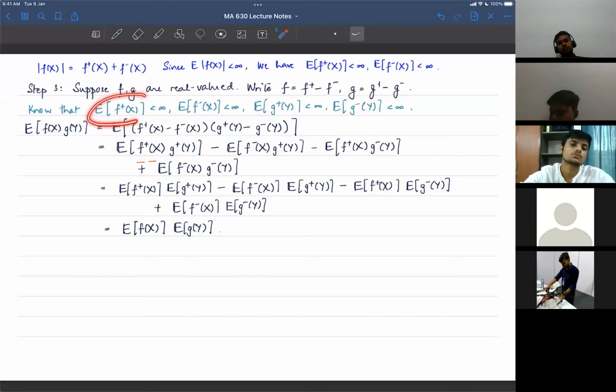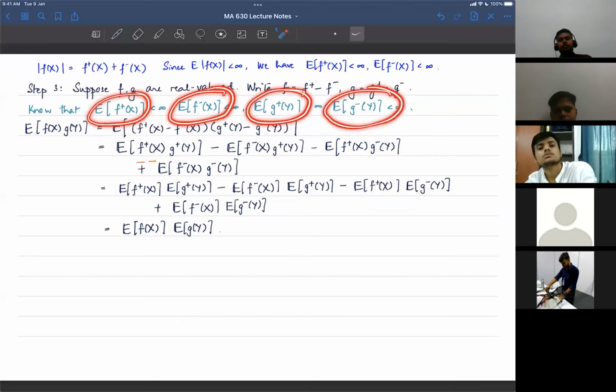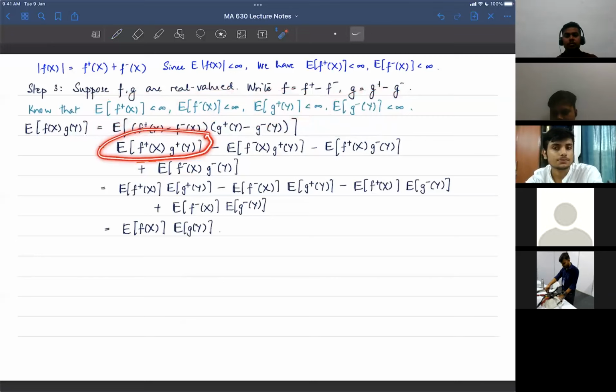Because I know that this is finite, this is finite, this is finite, and this is finite. Further, I know that this expectation, look carefully, is the product of this guy and this guy, both of which are finite. I've already done steps 1 and 2. Similarly, I have, without any worry, written this out. Why? Because I've done steps 1 and 2. So I know that this expectation is the product of this guy and this guy, both of which I know to be finite.